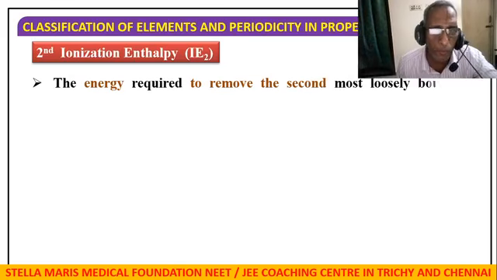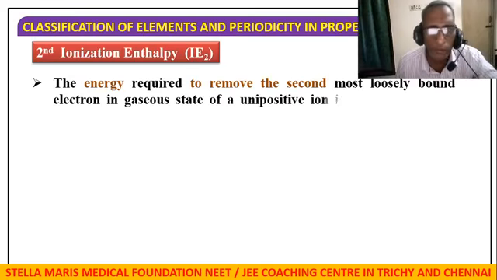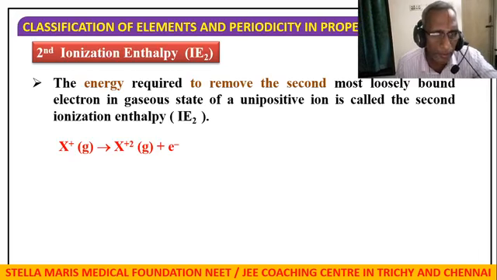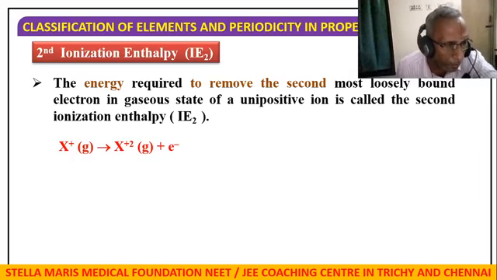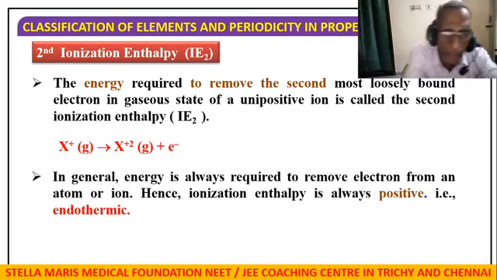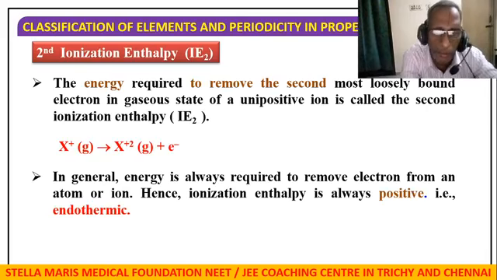Energy required to remove the second, most loosely bound electron from the gaseous unit positive ion M plus is called the second ionization potential. So X plus gaseous atom loses one more electron to form X 2 plus gaseous.